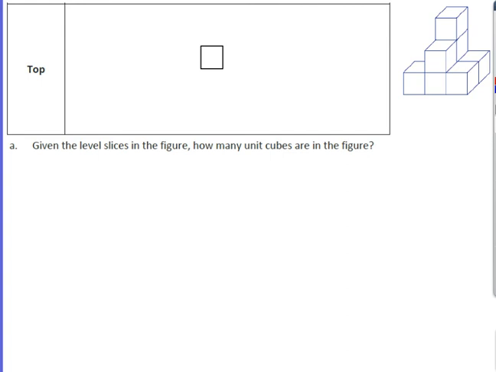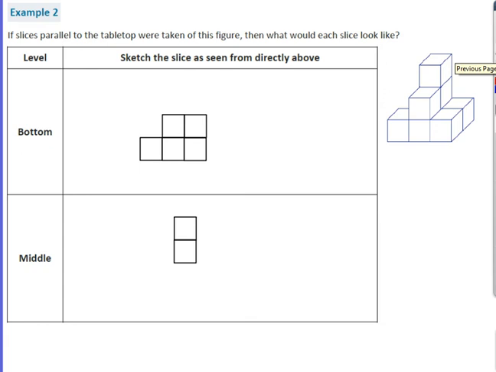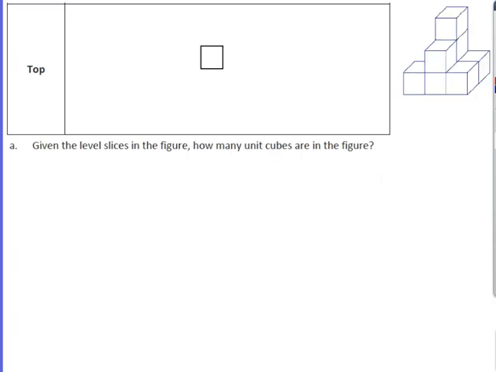So let's go through and count up the cubes. In our bottom layer we have 1, 2, 3, 4, 5. In my middle layer we had 2. And in our top layer we had 1. So we had 5, 2, and 1 for a total of 8 cubes that make up this figure.